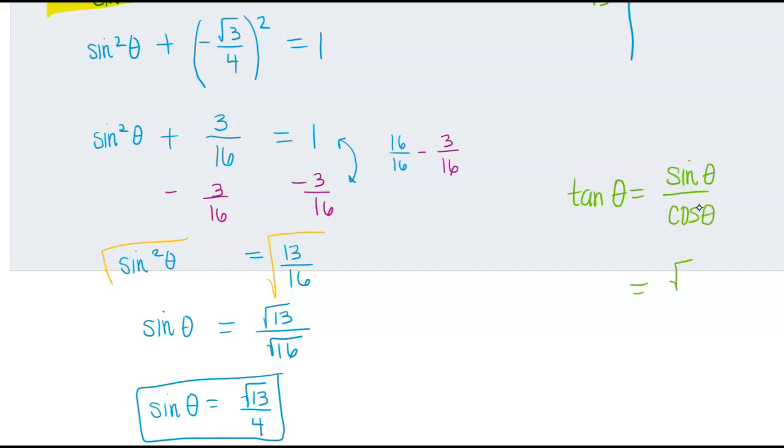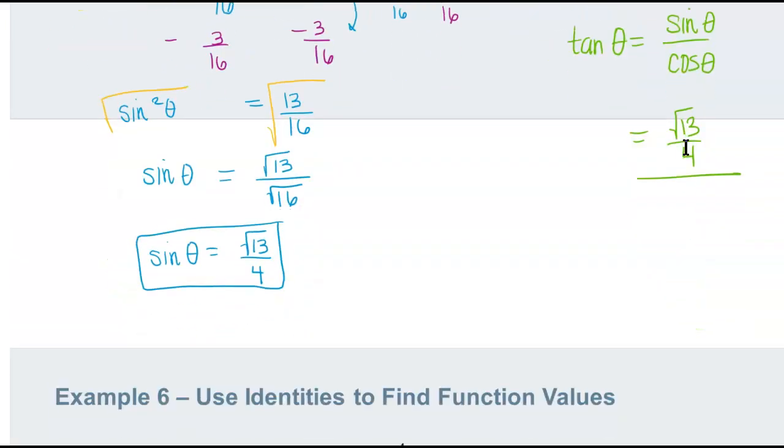So the sine we said was square root 13 over 4, and the cosine was negative square root 3 over 4. There's this cool thing when you have fractions that have the exact same denominators like this, these will end up canceling each other. And we'll just have square root of 13 over square root 3.